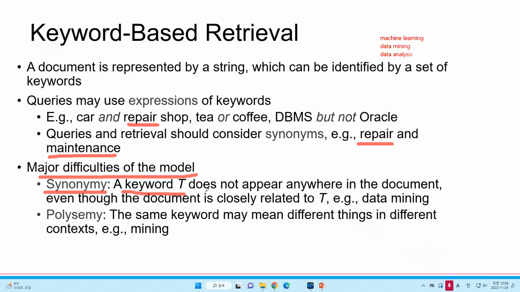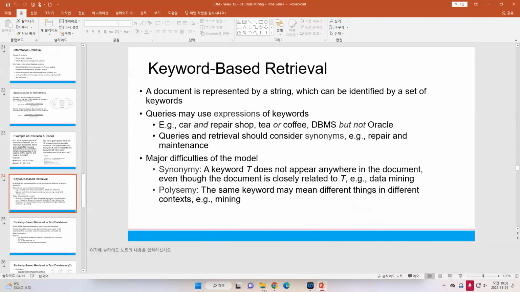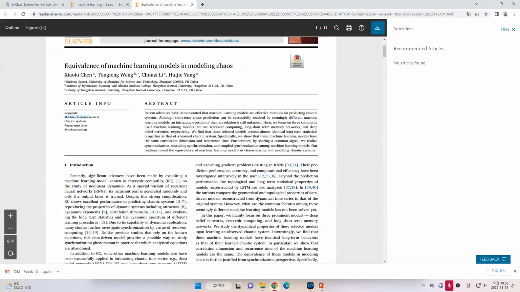A keyword T does not appear anywhere in the document, even though the document is closely related to the T. For example, data mining. So if you look at this paper, when I search this paper, they call it machine learning.